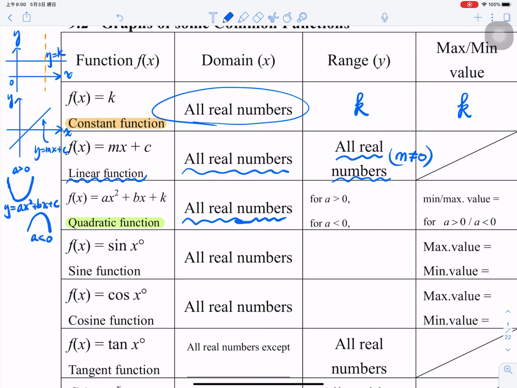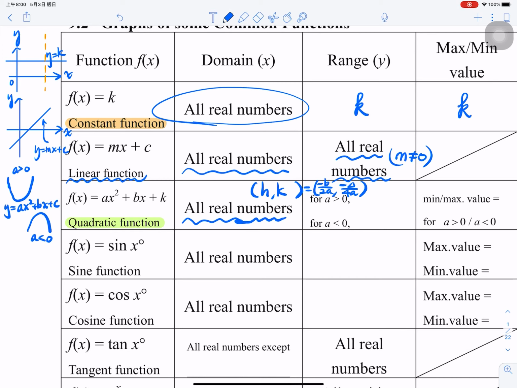For a greater than 0, what is the range of the graph? Remember, we have the maximum or minimum point, (h, k), and this (h, k) equals (negative b over 2a, negative delta over 4a).